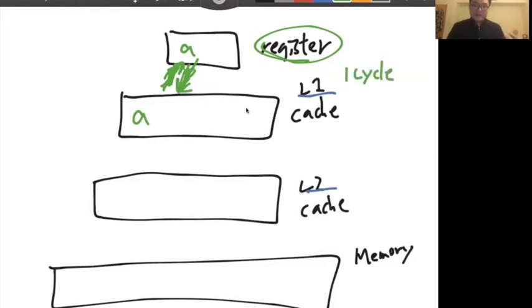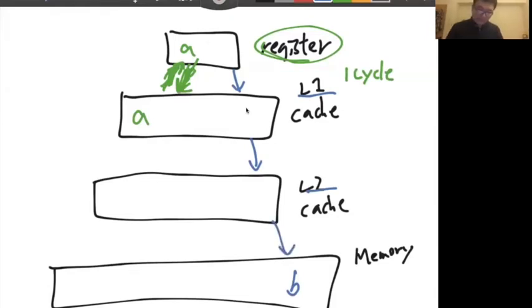But if we want to get B, and B is maybe in memory, not disk, which would be terrible. The register asks the L1 cache for B, but L1 cannot find it, so it talks to the L2 cache. L2 says no, I don't have B either. So it talks to memory.